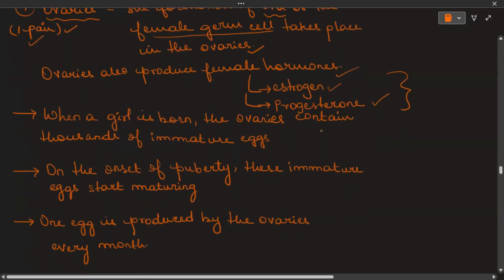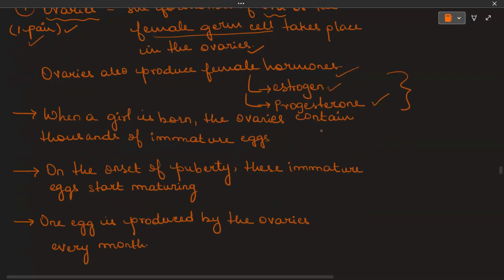Now, the case of gamete formation in males and females is very different. For example, in males, the gamete formation starts when the male hits puberty. But the female is already born with thousands of immature eggs. They start maturing after puberty, but in the case of males, the whole process starts after puberty.